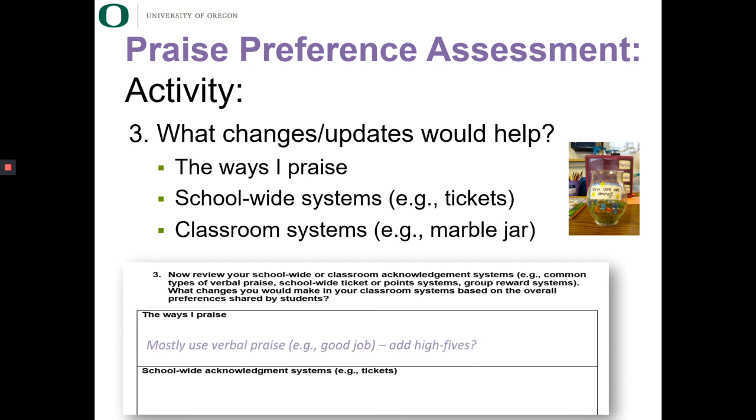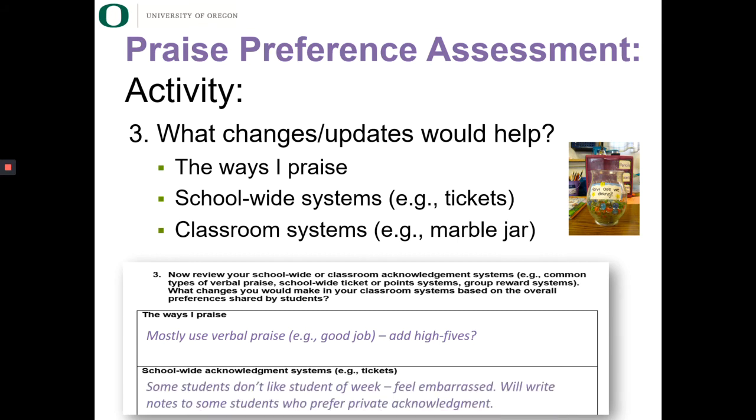So in this case, the teacher noticed that she mostly uses verbal praise and is thinking about maybe adding high fives, since it was something that students mentioned. It was something they liked. She also reflected on the fact that students don't all like being student of the week. They feel embarrassed. So she was thinking maybe she would write them more private notes and acknowledge them privately.